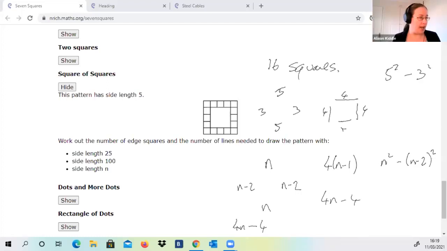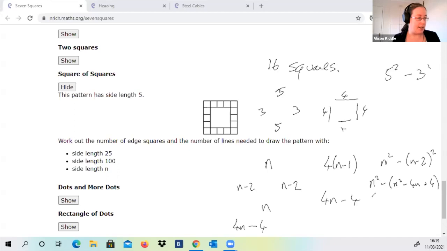Yeah, so if I hadn't met the idea of multiplying out a quadratic bracket yet, it might be a little bit harder to see why this is equivalent to the ones that we've already got. But for students who had met this, I think it's rather lovely to be able to say that n squared minus, and then I've got n squared minus 4n plus 4 there.